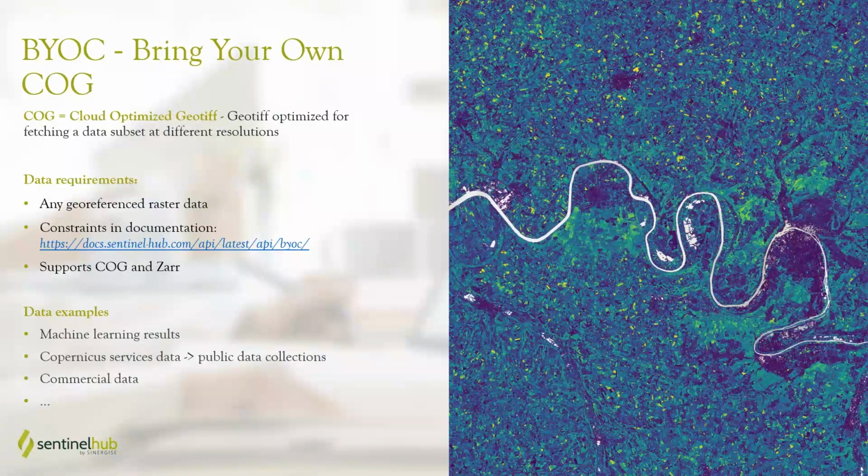Examples of such data could be different Copernicus services data, as already mentioned, as you can also see one of them on the image here on the right. There are several commercial data available, for example. We will actually be using one such in this webinar. And also, for example, machine learning results are often different, so they need to be imported using this API.